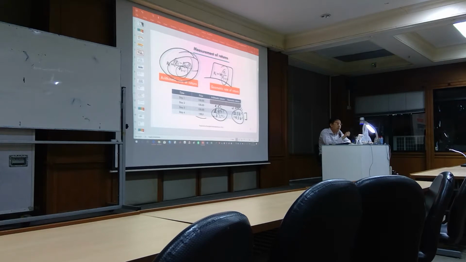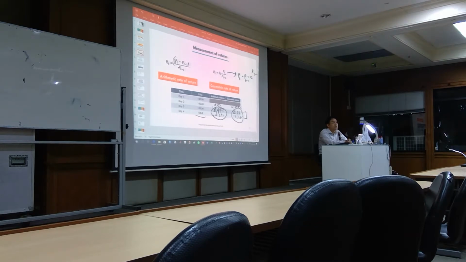And if you know further mathematics, you will also know that this can be rearranged to get P_t equal to P_{t-1} multiplied by exponential of R_t.